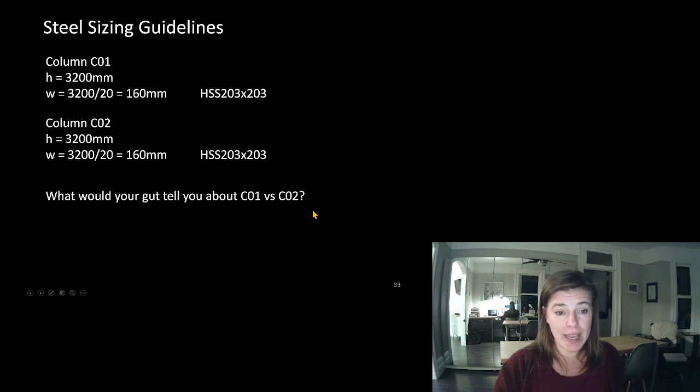This one is picking up twice the load of this one, but yet our sizing guidelines gave us the exact same size. So that's where knowing what is happening in your project is really, really important. Probably not a big deal for this one, but you guys remember CO3? It's picking up a lot of load. It's doing a lot of work. Maybe that needs to be something even bigger.